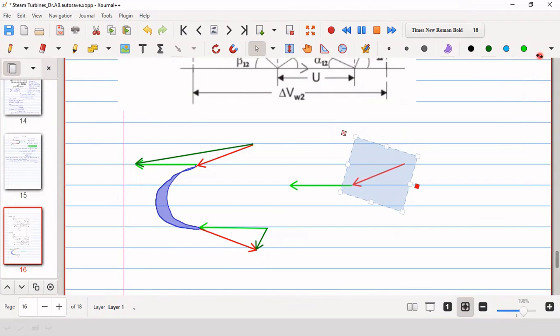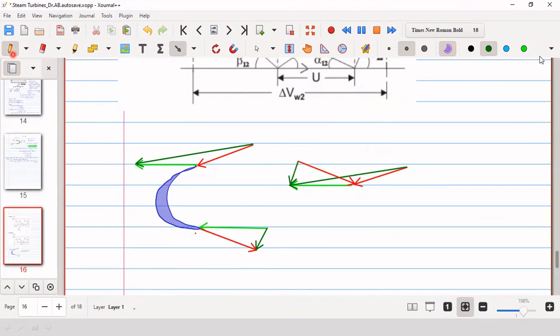And this one will be on this side, and therefore it will be here.